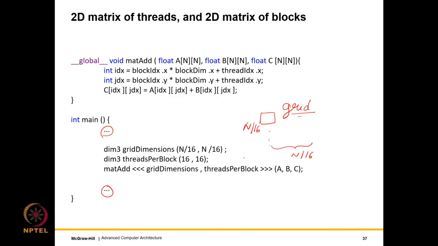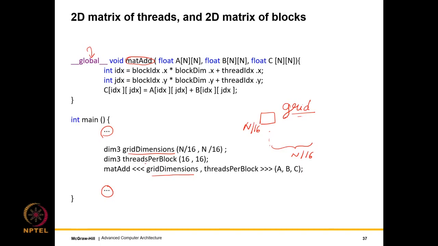So we have n square by 16 square thread blocks within the 2-dimensional grid. This goes as the first parameter to the kernel invocation. As you can see, the kernel is over here. Its name is mat_add, and the first parameter going to mat_add is the dimensions of the grid.